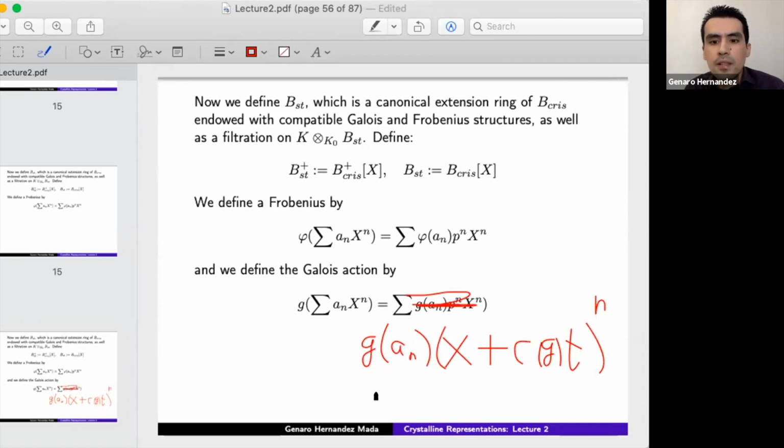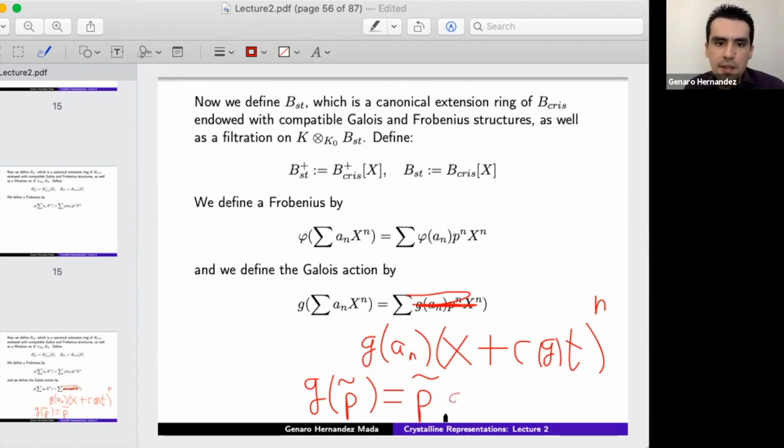So what is this c(g)? Well, if I apply g to this p tilde that I was talking about earlier, this actually turns out to be p tilde multiplying a power of epsilon. That exponent of epsilon is c(g).